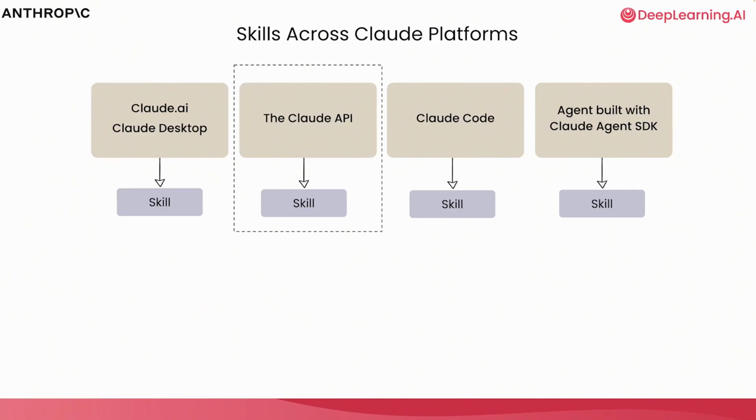With Claude AI and Claude Desktop, that containerized environment and file system is given to you and not something you have to implement. At the end of the day, the functionality is all the same, but the way in which we utilize skills is slightly different. The skills themselves do not change, the format of those skills do not change, but depending on the environment that you're in, you may utilize the way in which skills work slightly differently.